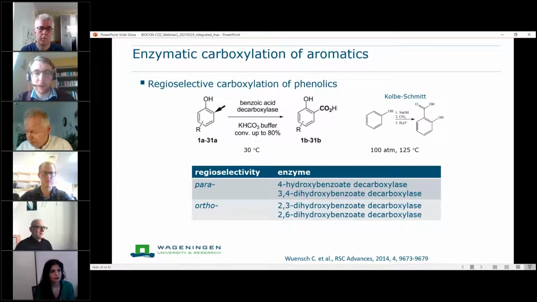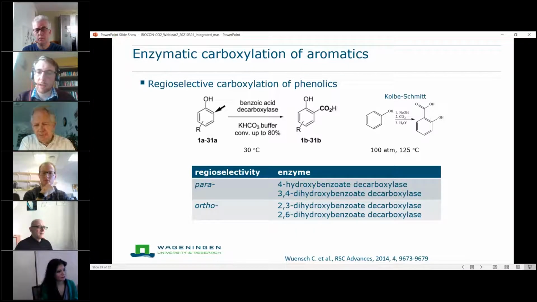Carbon dioxide is introduced into the phenolic group, and it's really an analog of a chemical reaction known as the Kolbe-Schmidt reaction, which can also be used to obtain this kind of molecule. Now this is actually quite selective, so that's not the main advantage of enzymatic catalysis here, but an advantage is that we can do it at far lower temperatures, so at milder reaction conditions, than you can do chemically.